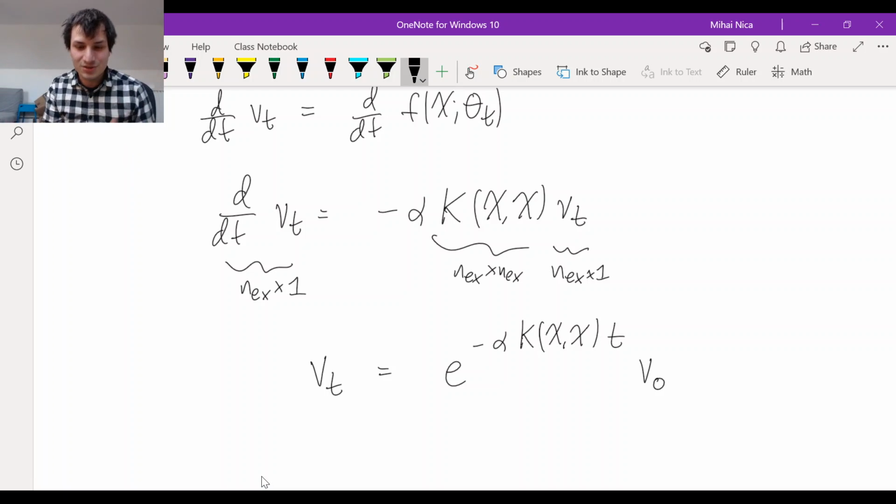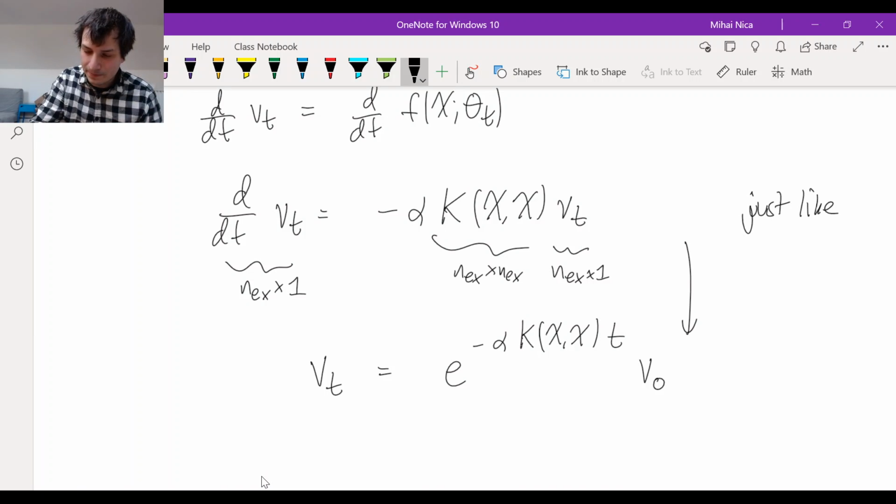That's the solution. So when you do the derivative of a matrix exponential, the matrix multiplies the thing. This is just like z prime of t equals c z of t goes to the solution z of t is e to the ct z of 0. So that's what it is.